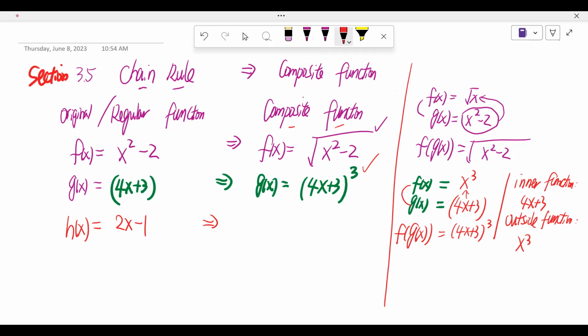The composite function could be h of x equals 2x minus 1 raised to the negative 1/3 power. Again, one more time, let's see what those two parent functions are here. What is f of x, what is g of x in this case? Anybody have a suggestion?